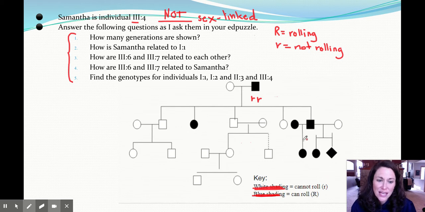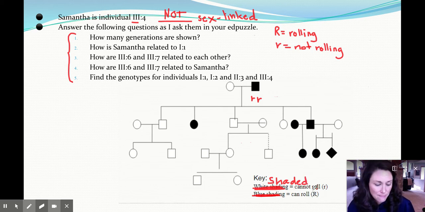So if these individuals are shaded, they cannot roll their tongue, and if they're not shaded, they can roll their tongue. So you can ignore that key. It's a little bit confusing there. Okay, so every individual who cannot roll their tongue is going to be shaded.